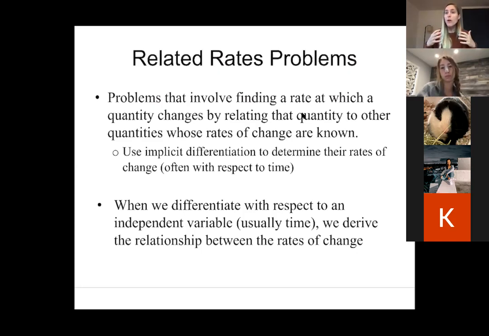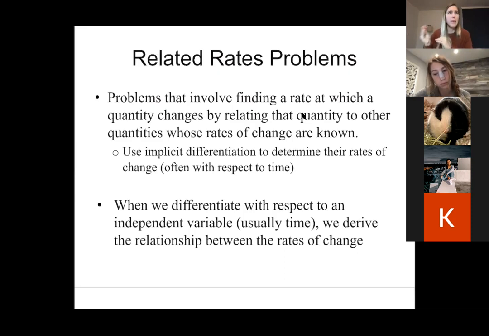So if you are given the relationship between the quantities that are changing, like the formula for the volume of a cylinder, that equation describes the relationship between the volume of the cylinder, or whatever's in the cylinder, and its diameter.